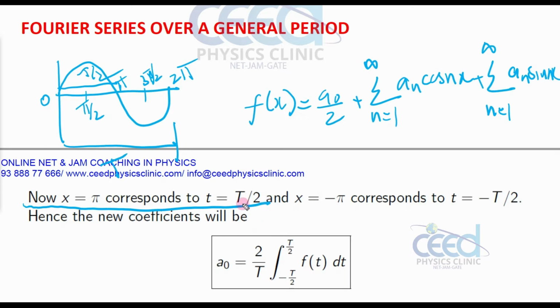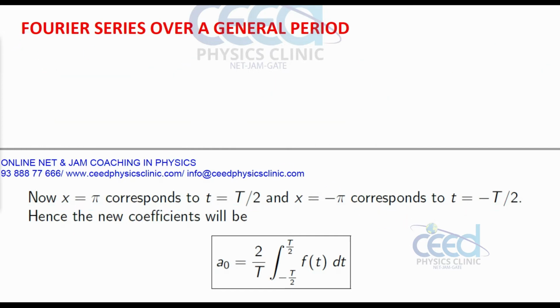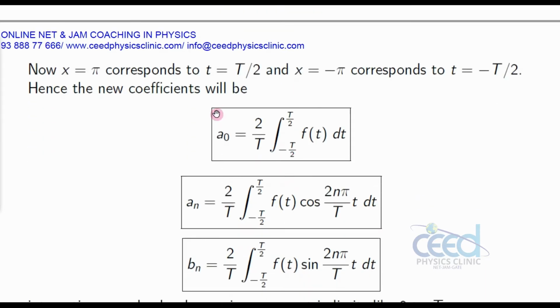So x from minus pi to pi means the integration we can take as minus T by 2 to T by 2. We have generally studied a0 as 1 by pi into integral minus pi to pi f of x dx, right?